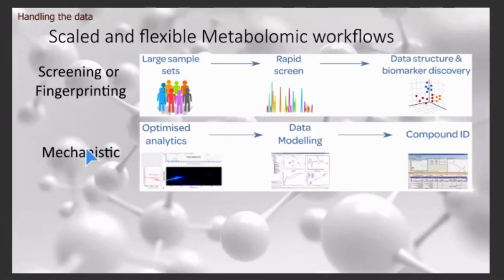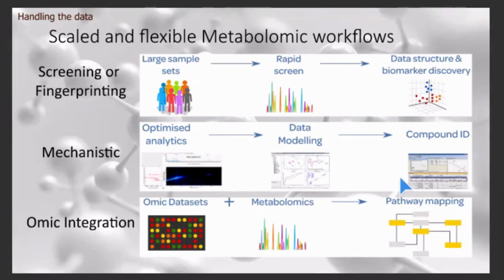If you want to be mechanistic, so to understand what a particular metabolic pathway is doing, then we would probably want to do much more optimization of our data acquisition techniques, whether it's mass spectrometry or NMR. We would then want to use our data modeling to filter out compounds that we then want to try and identify to understand what they may be.